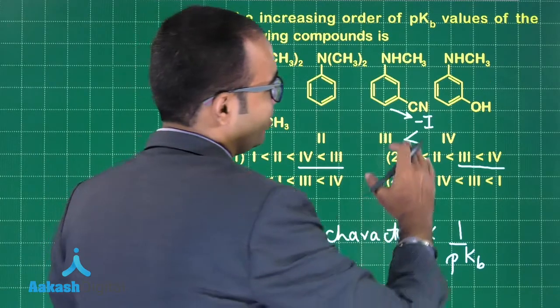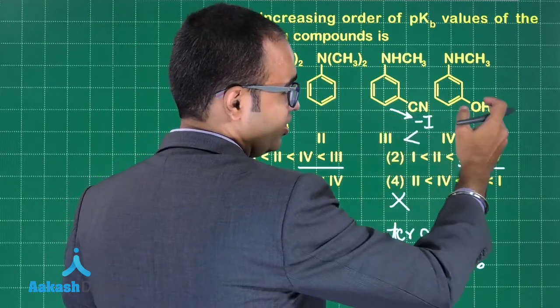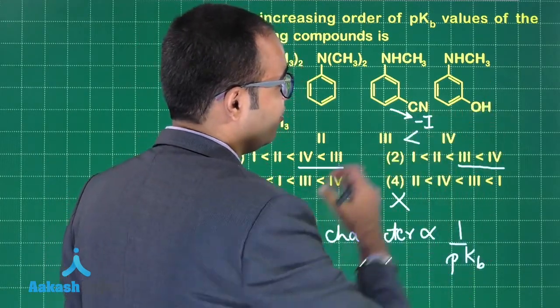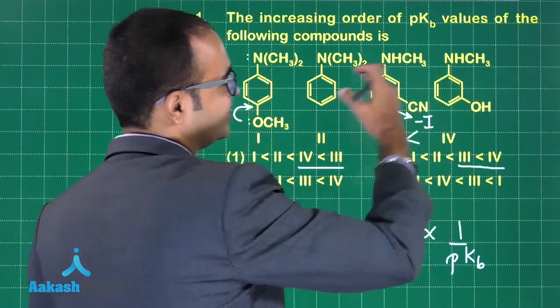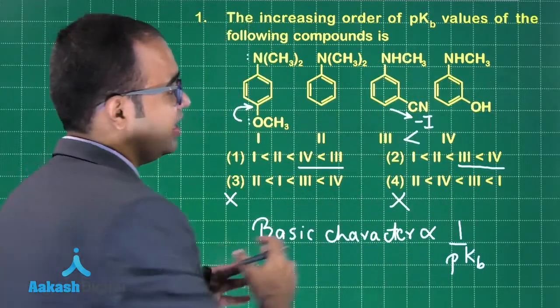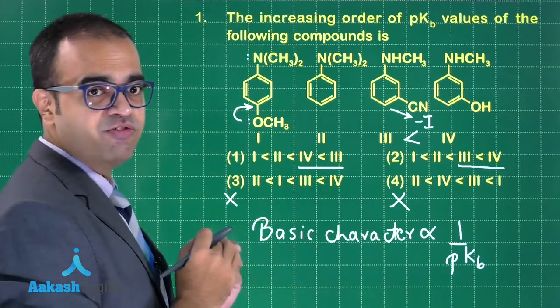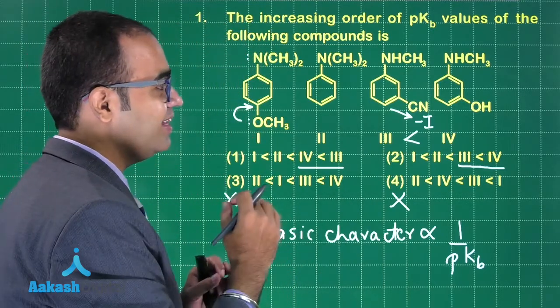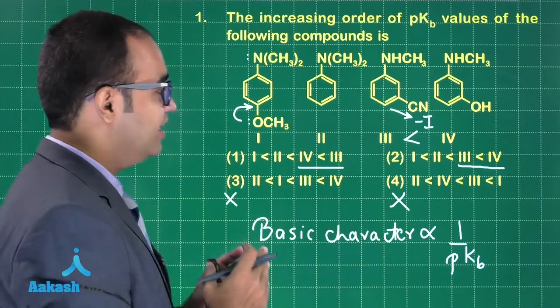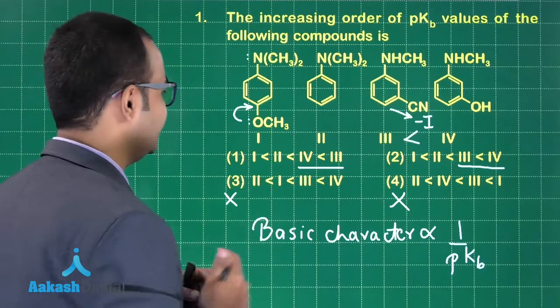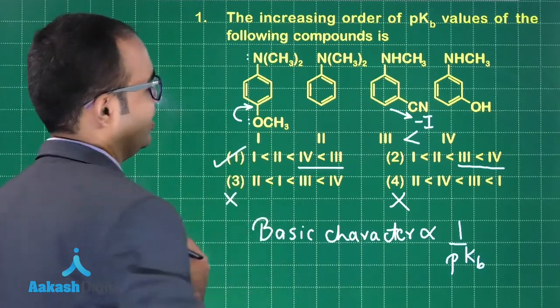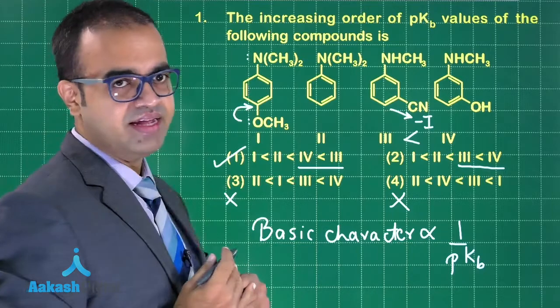So if minus I of CN is more than that of OH, so 4 is more basic as compared to 3, right? Then the pKb of 4 will be less than that of 3 guys. Therefore, the answer is option 1. You have to remember one thing guys.